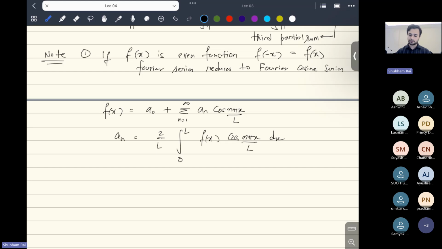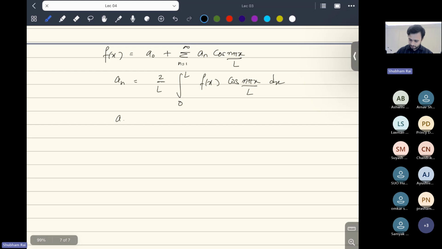This will be your an, and the changes are that here we have 2 by L, and here it is going from 0 to L. 2 by L means that the function on the left hand side of the x-axis and on the right hand side of the x-axis will be similar. So instead of integrating from minus L to L, you can say it is twice of 0 to L. Okay, so it's the same thing that we have done here.